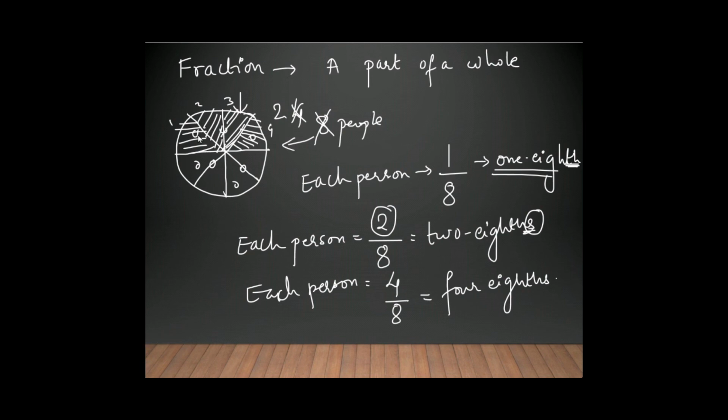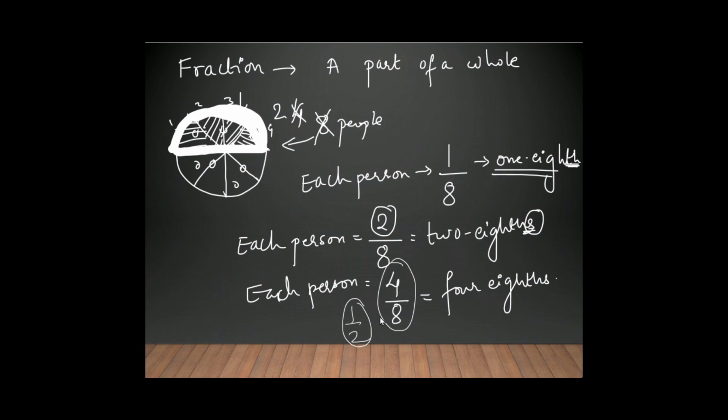Also, if you pay attention to the entire pizza, you'll come to know that half part of the pizza has been eaten by a single person. So half part, this much. This is the half of that pizza which has been eaten by a single person. So we can also represent this as half. So 4/8 can also be represented as 1/2.